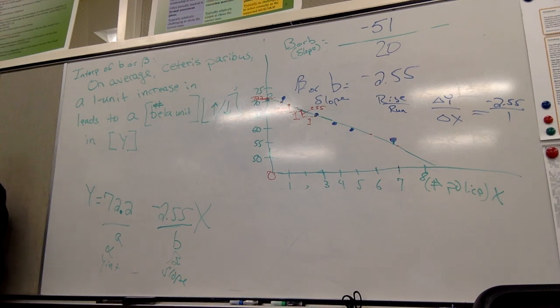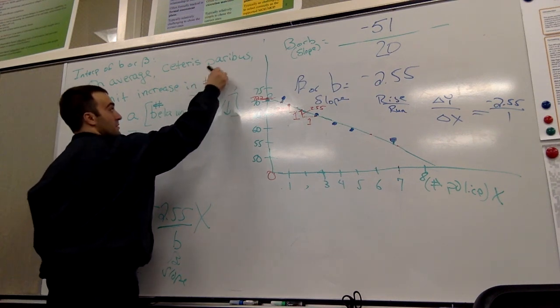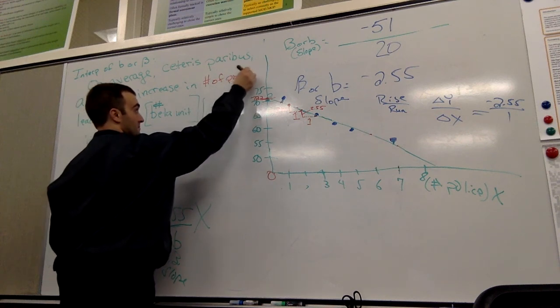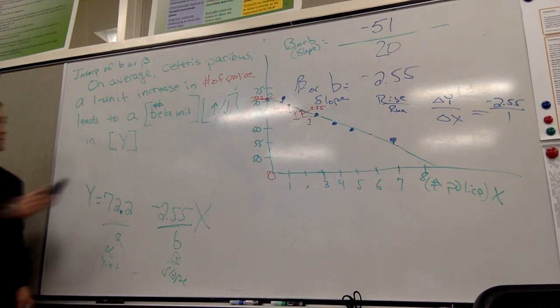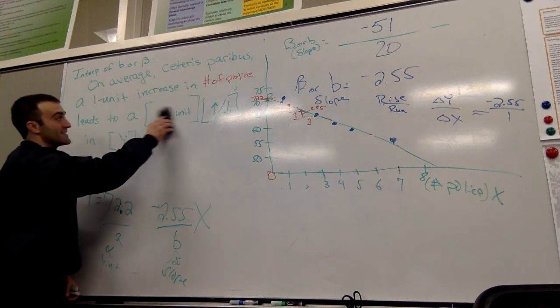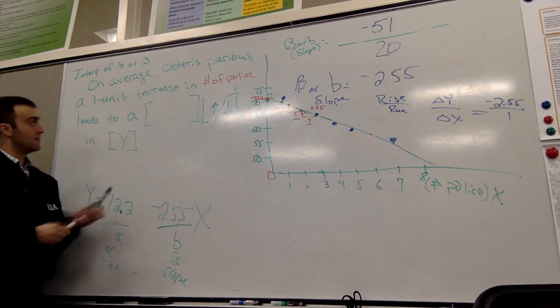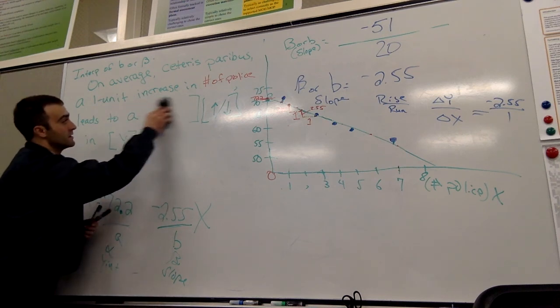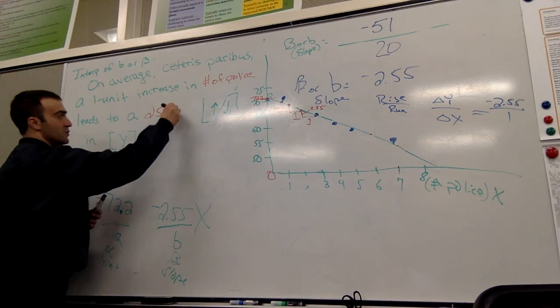So x is what? 1 unit increase in what? What substantively is x? 1 unit increase in number of police leads to a whatever beta's number is. Don't worry about the sign yet. What is the number on beta, not including the sign? 2.55. Leads to a 2.55 unit.